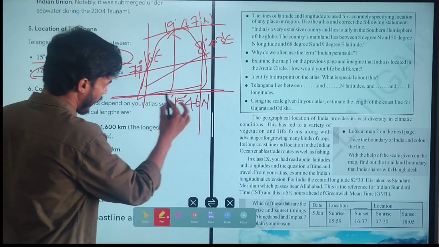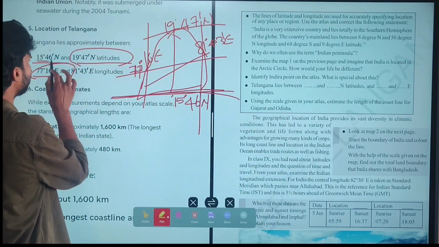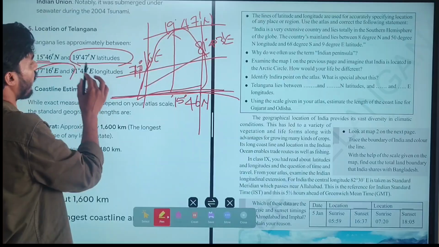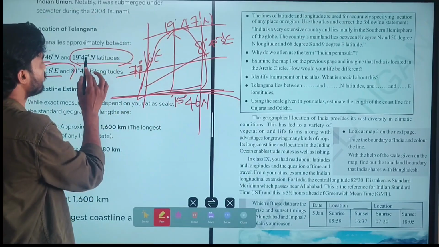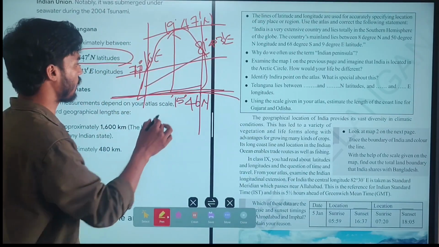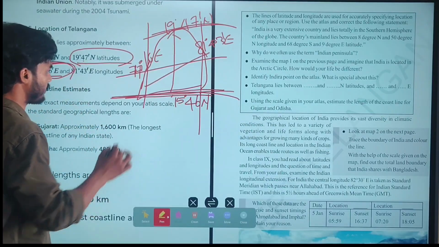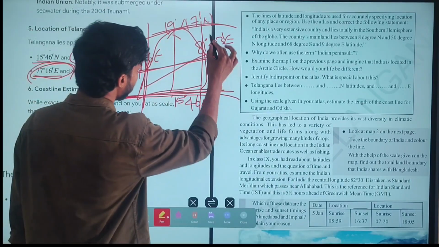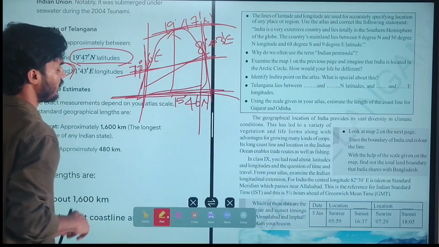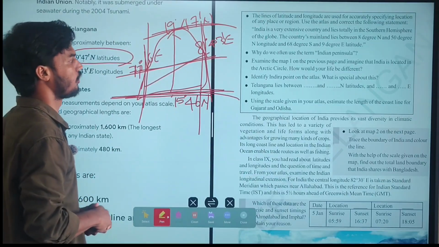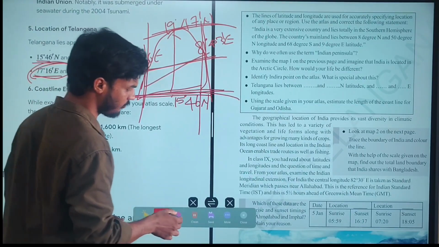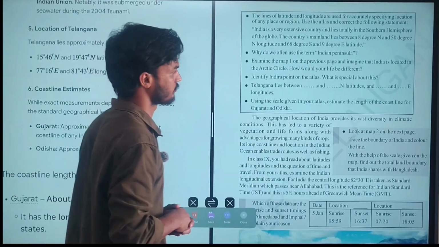Clear? In latitude it is 15 degrees 46 minutes north extending till 19 degrees 47 minutes north, whereas in longitude it is from 77 degrees 16 minutes east to 81 degrees 43 minutes east. That is the extension of Telangana.